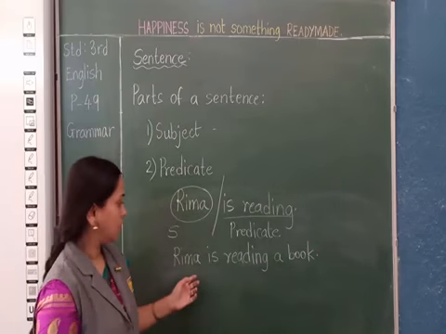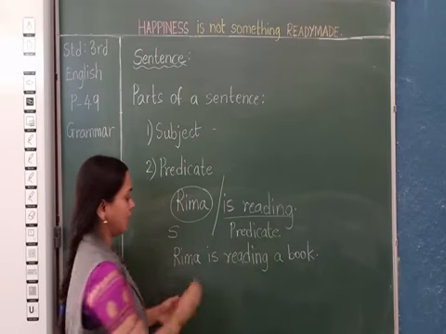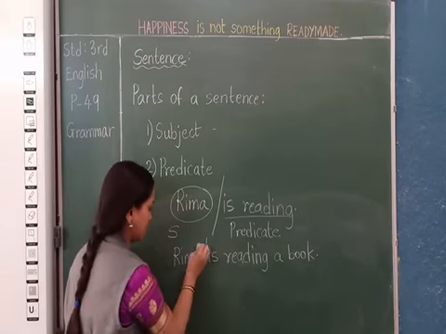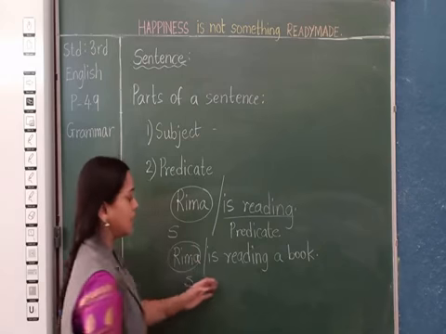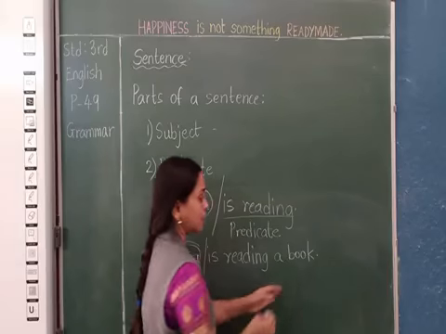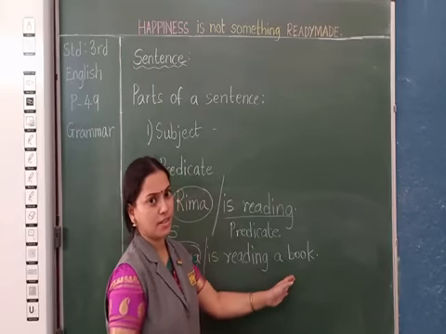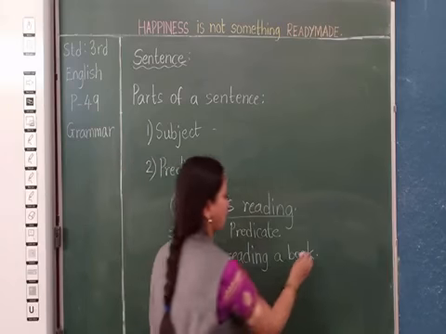So now when you read the sentence, you understand Rima is the subject. Is reading is our verb, and now we have the object in this sentence, and the object is book.